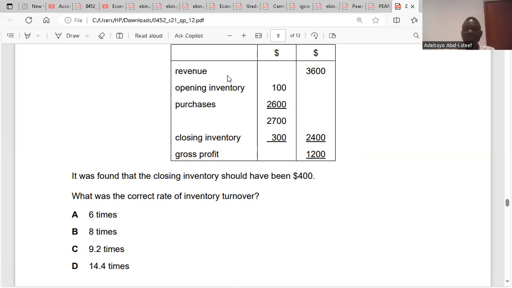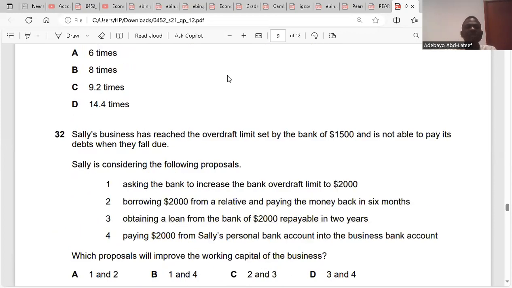So the rate of inventory turnover is cost of goods sold, 2,300, divided by average inventory, 250, which is 9.2 times. So the answer is C. Is it clear now? Yes. Question 32. Sally's business has reached.